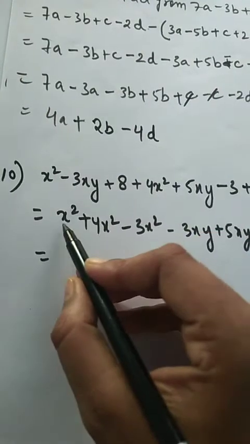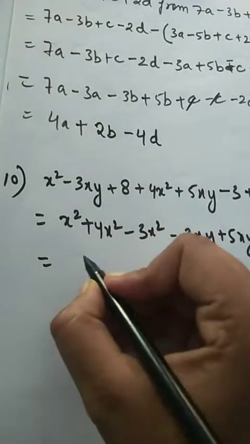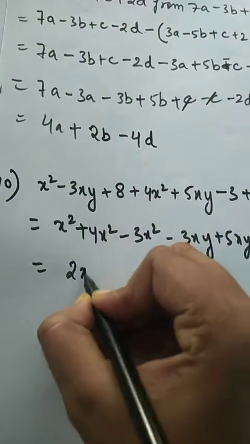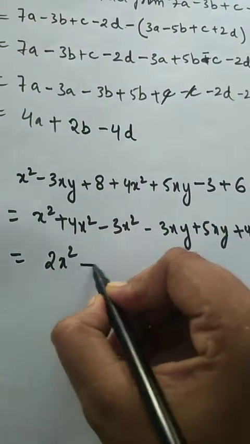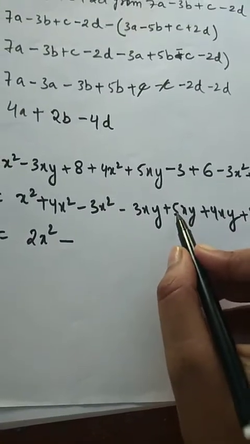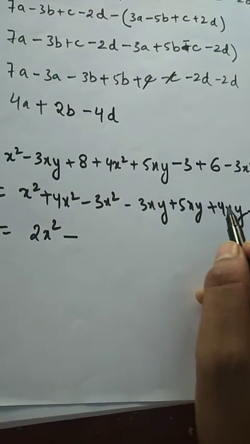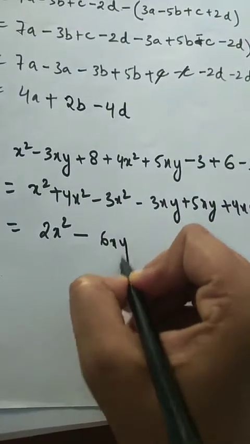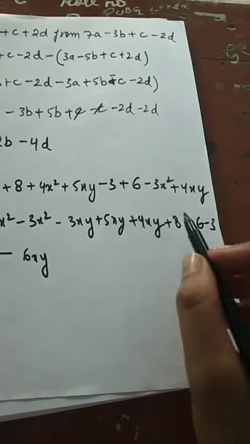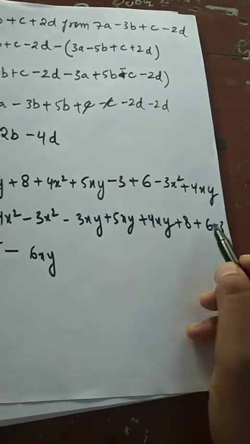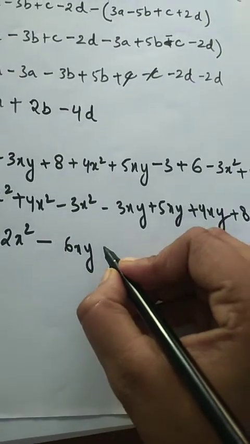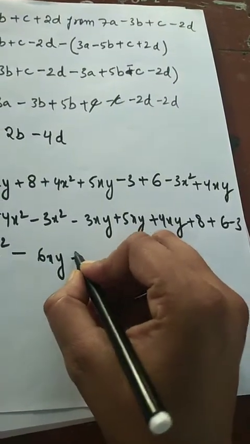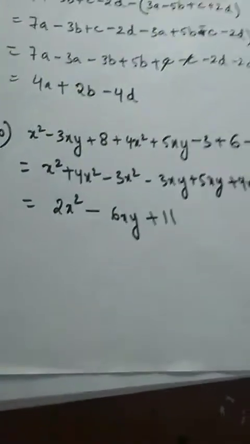We will solve. This will be 5x square minus 3x square, so it will be 2x square. This will be 5 plus 4 is 9, and 9 minus 3 will be 6xy, and this will be 8 plus 6 is 14, minus 3 will be equal to plus 11. So this is our answer.